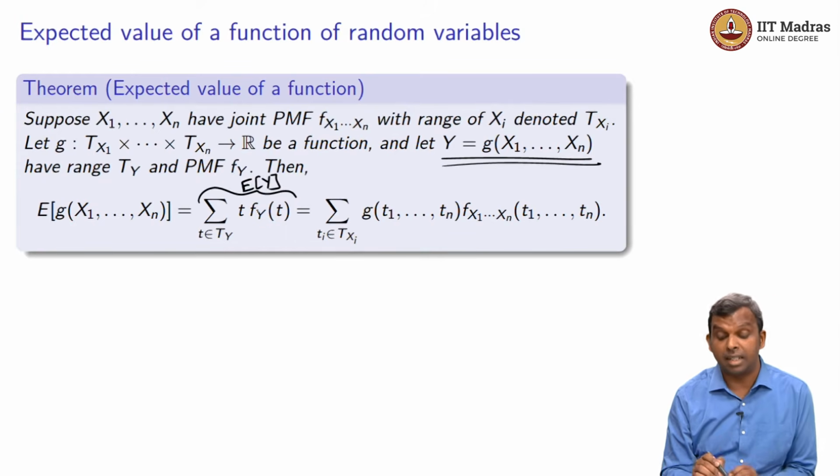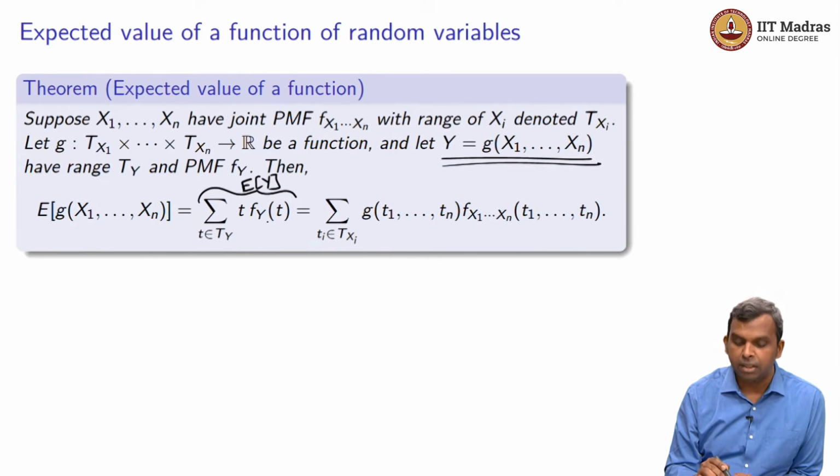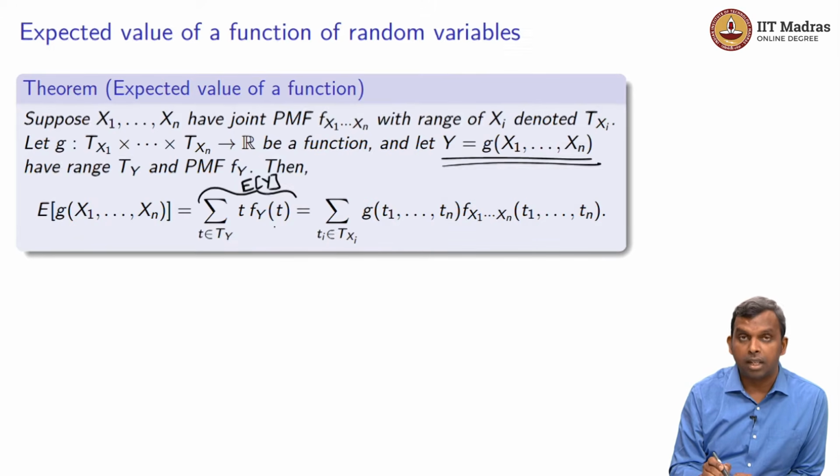But what is surprising is you don't need the PMF of y, okay? If you can only use the joint PMF of x1 to xn, the same expected value becomes summation over all the possible values that x1 to xn can take, g of t1 to tn times the joint PMF. So notice the difference between these two expressions. The first one is in terms of the PMF of y.